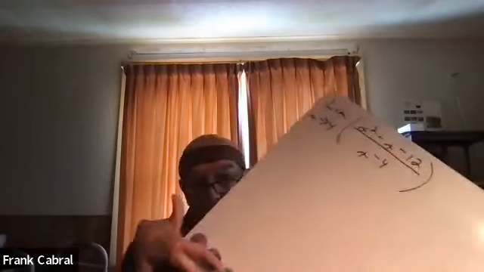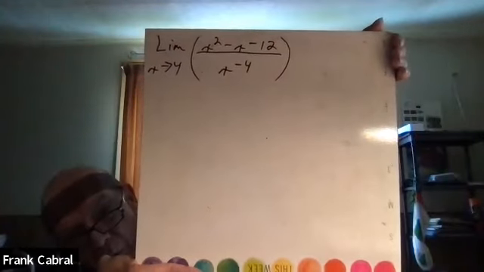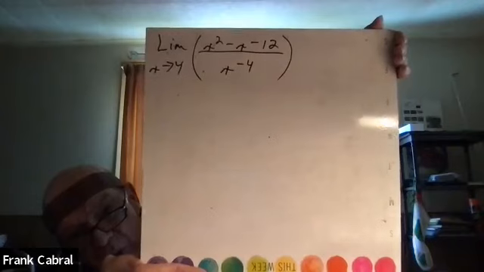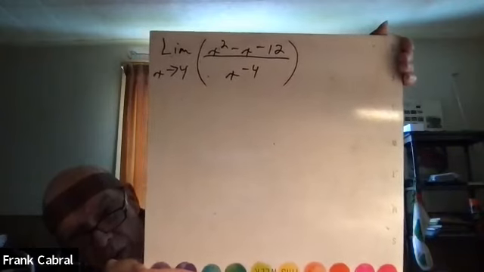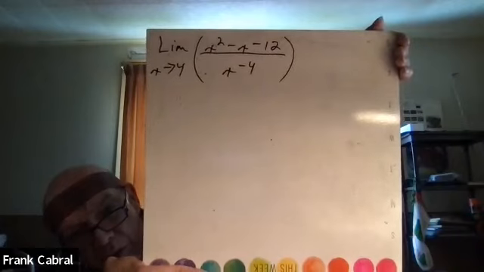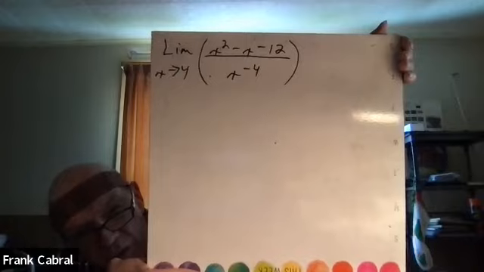It doesn't necessarily mean what is the functional value at 4, because as you can see right here, we cannot substitute x equals 4 because it would mean that we would have to divide by 0. And that is an undefined process. So we can't substitute here.